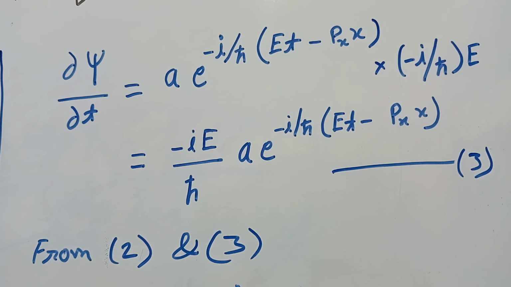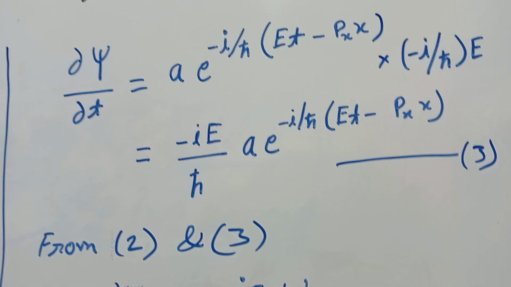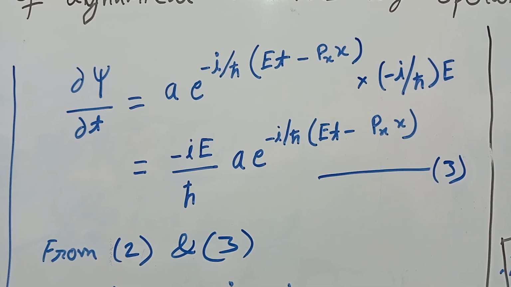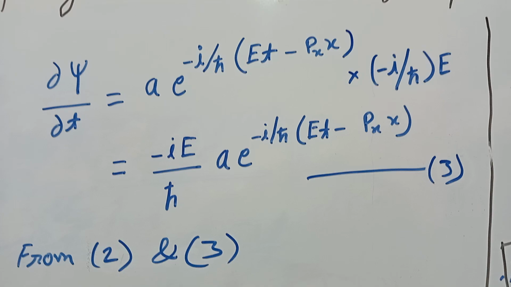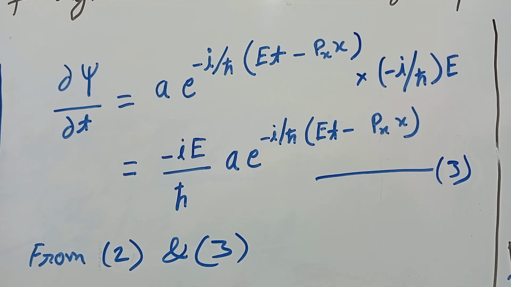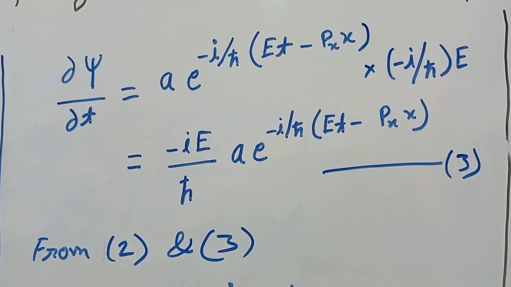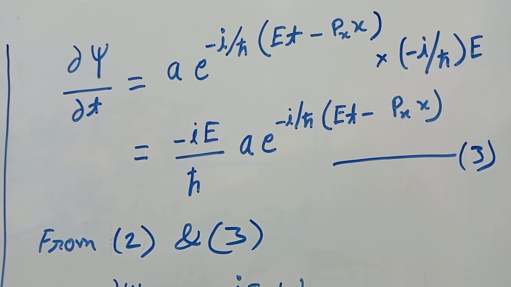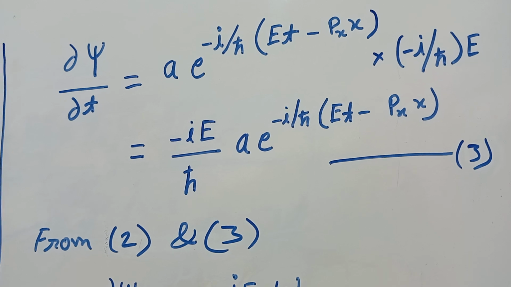Now, if we partially differentiate this function psi with respect to time t, we get a solution where this term a into e raised to minus i by h cut (Et minus px into x) is psi.